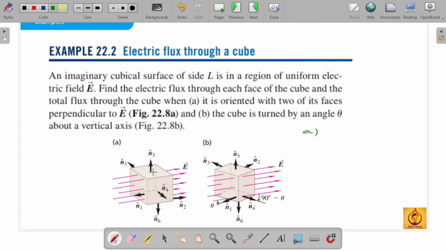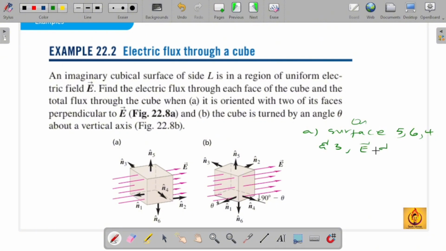N6. So we can call this surface 5. Okay. So let's say on surface 5, did you say 6? Yes. And then 4, right? Yes, sir. N3. 4 and 3.